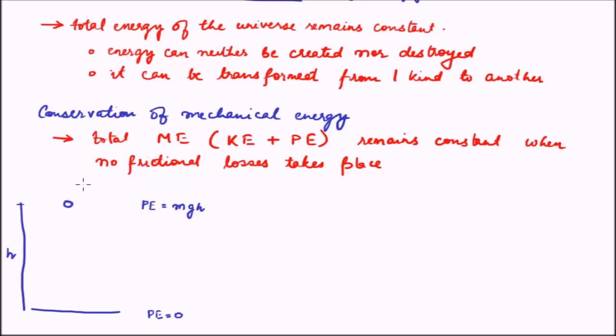So we can safely say that the velocity here, u, is equal to 0. That is, the ball is initially at rest, which implies that the kinetic energy at the highest point is 0. Now we have seen the highest point potential energy as mgh and kinetic energy as 0.